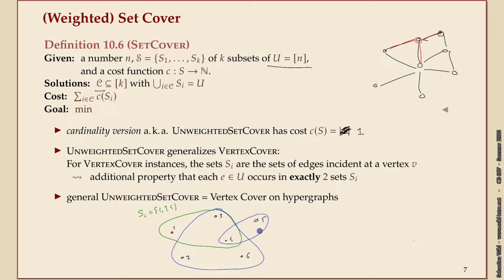Each of these sets corresponds to some vertex that's contained in all of those. So I didn't draw the vertices. I should have drawn this differently. The hyperedges become the vertices.